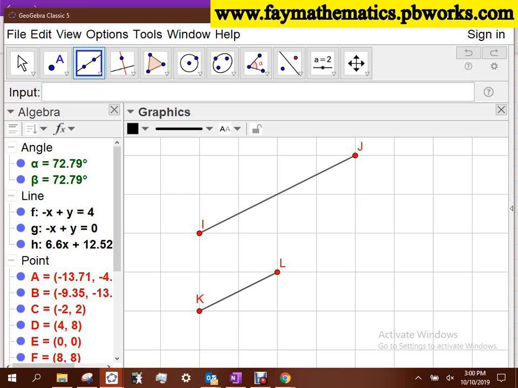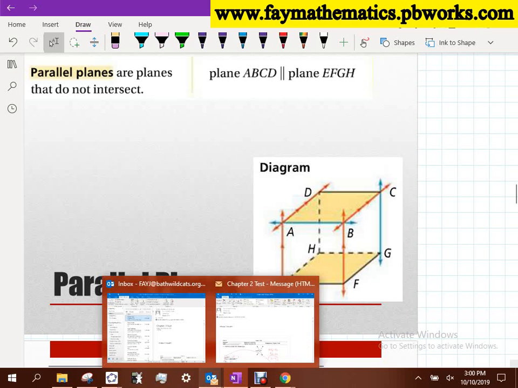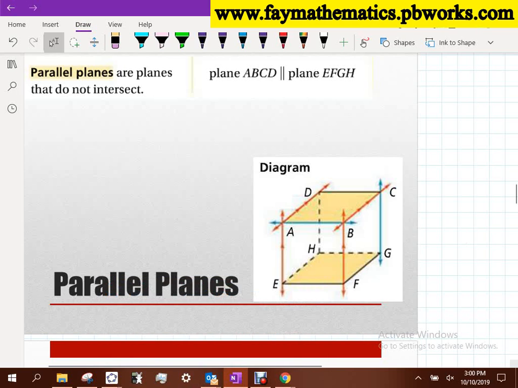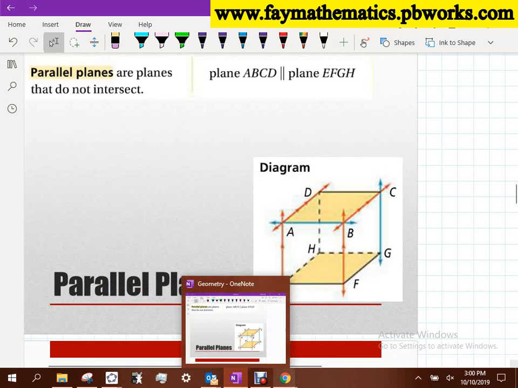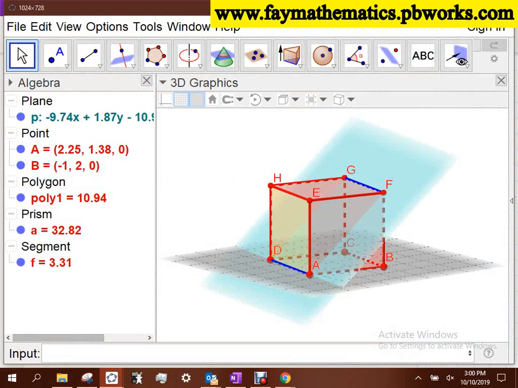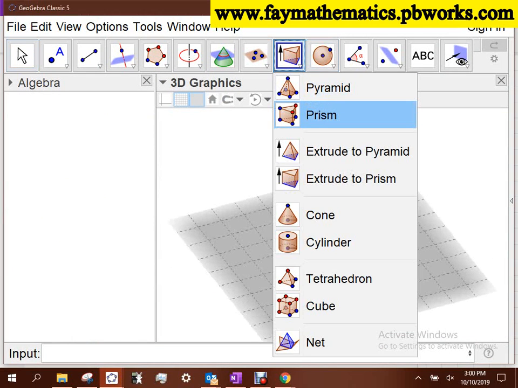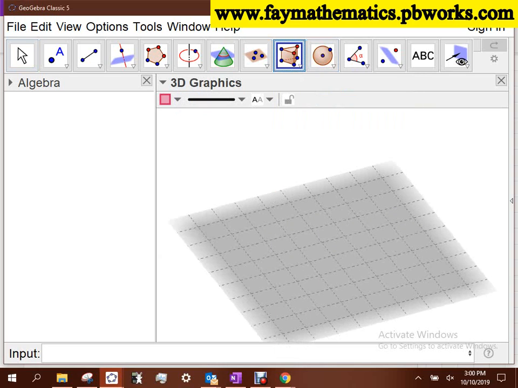Planes are the same way. For instance, let's say we've got a weird three-dimensional shape here. I don't know if I'll be able to do this, but I should be able to.